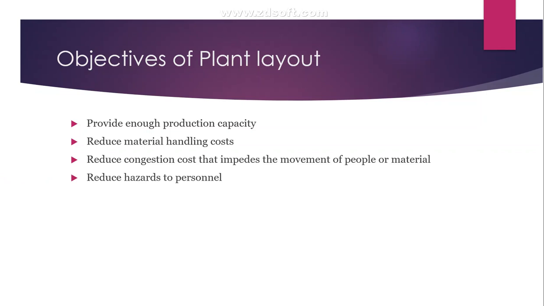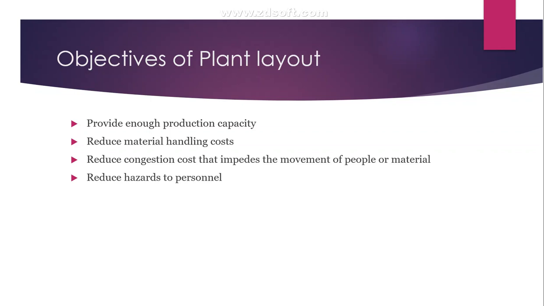Reduce hazards to personnel. Proper planning, proper organizing and proper designing of the plant layout, with respect to the amenities included in the plant, helps us reduce hazards. Certain equipment is quite hazardous to handle.